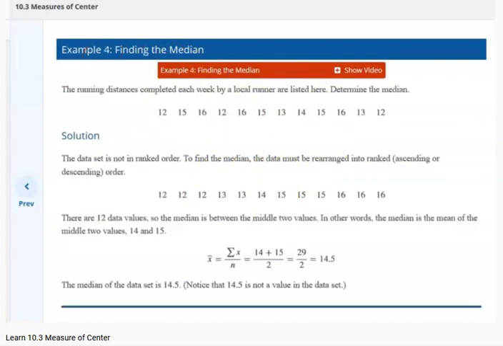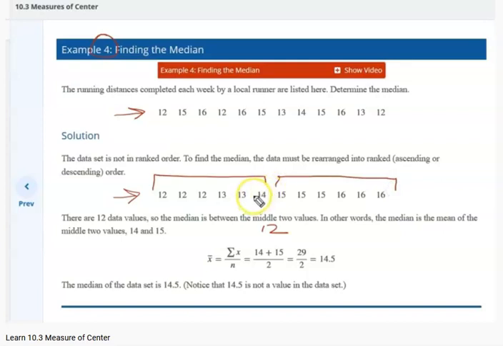Now, for example 4, this is our original data. We're going to take time, line it up. We see we have an even number. There's 12 altogether. So in a sense, 1, 2, 3, 4, 5, 6, and then 1, 2, 3, 4, 5, 6.